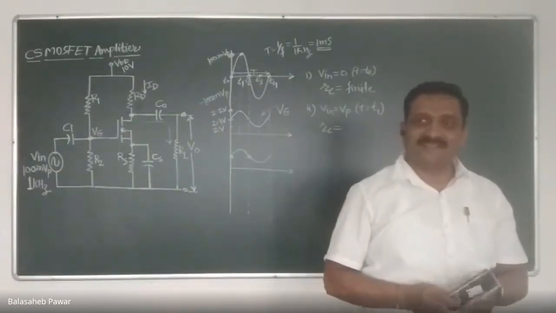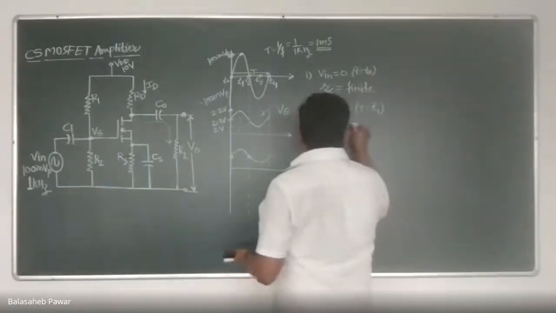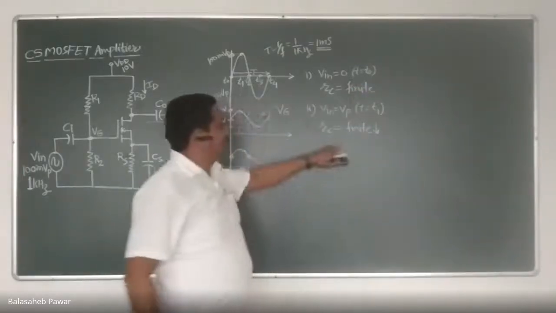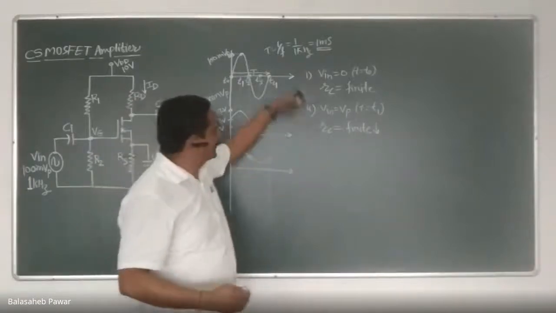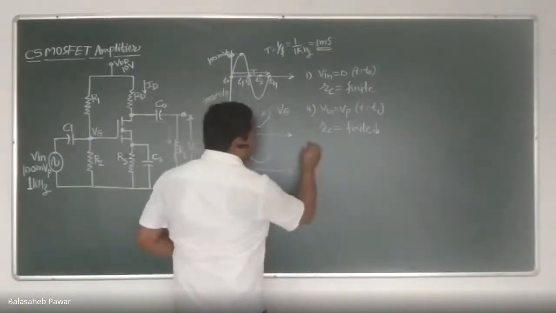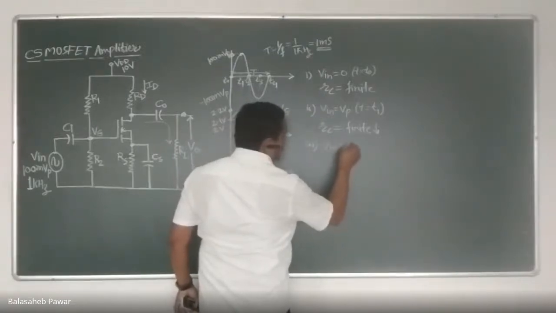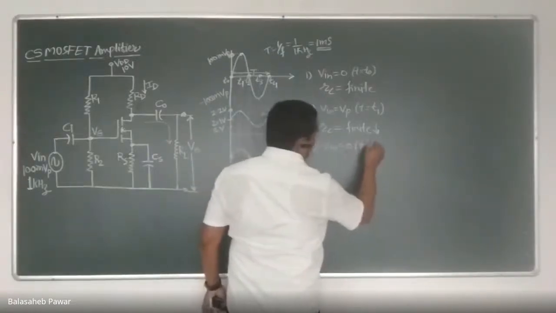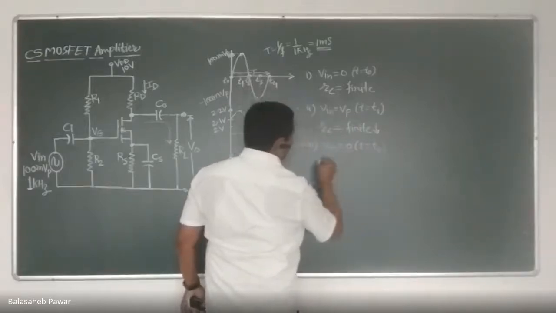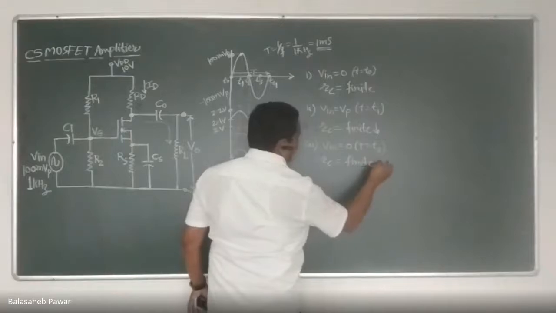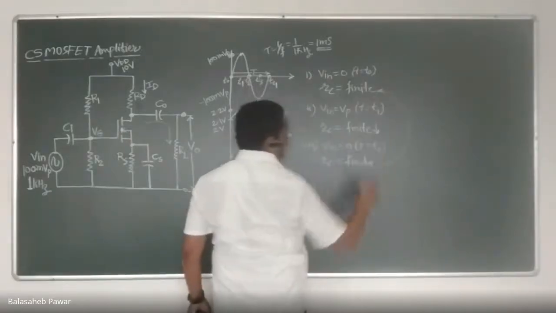Decreases. Yes. Again, it will be finite, but less than in the previous case. Finite and less as compared to the first case. Again, the third condition, when Vin again goes to 0, that is at t equals t2, this RC will become finite as in the first case.